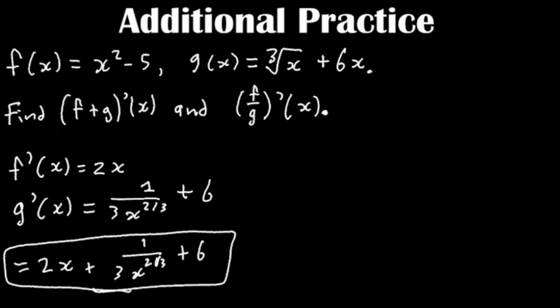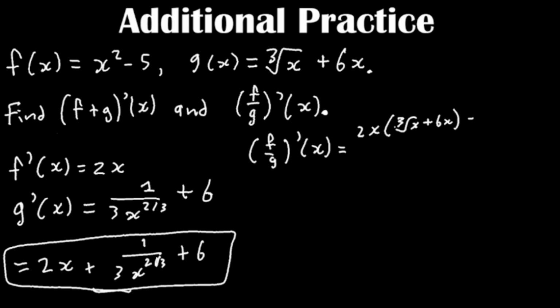Okay. Now, finding f over g prime of x, we're going to take f prime, so 2x times g, so cube root x plus 6x, minus f g prime.